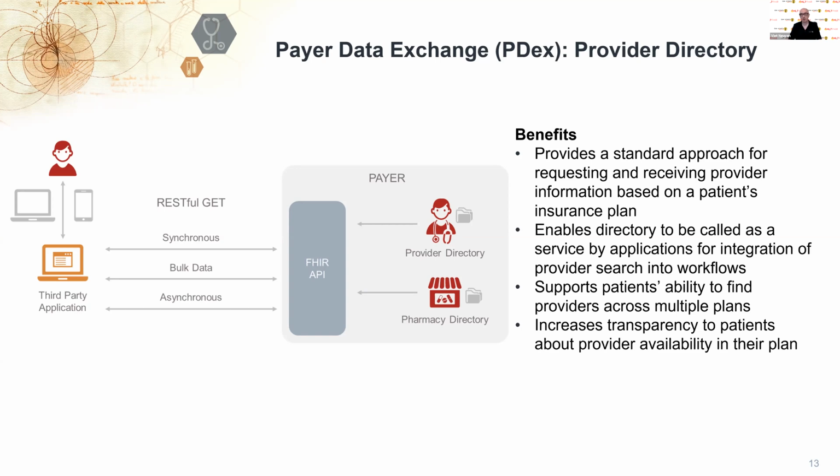So this is very helpful because it enables a standard way to get provider information from a payer and then integrate that into workflow, because we could also use this provider directory inside the EHR with a SMART on FHIR app when you do a referral, because often you don't know who's in a patient's plan if you're the provider. And that happened to me all the time when I was practicing.